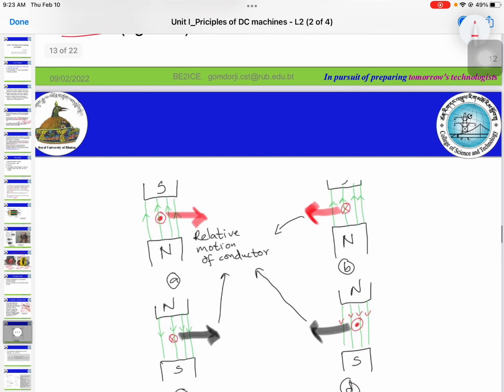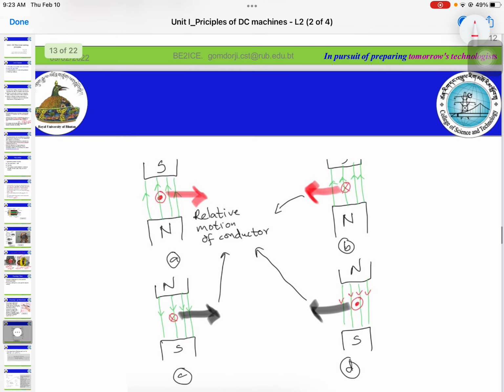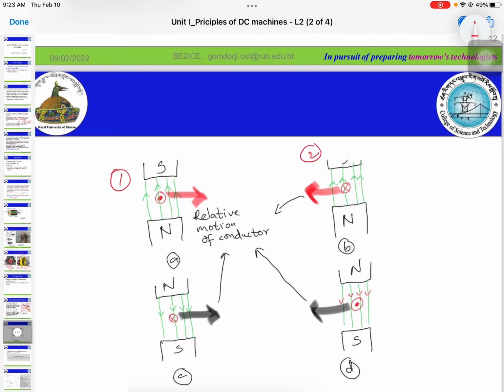And now we have the scope to change the direction of the current or the direction of the rotation. Our main requirement is to change the direction of the induced EMF. Let's say I'm keeping this one as figure 1 and figure 2.